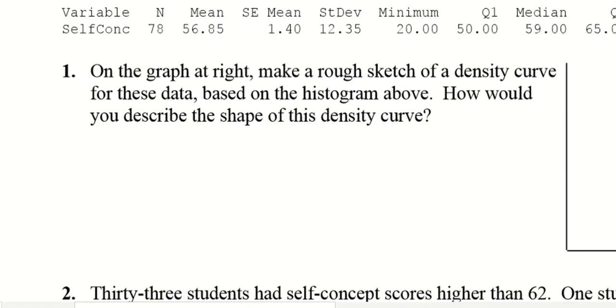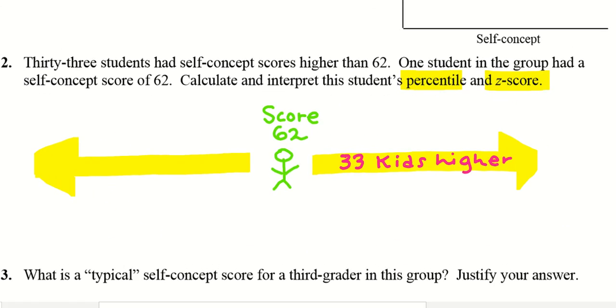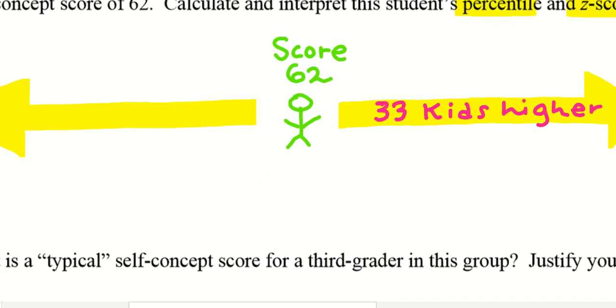So I'm going to go back down here. I know all of these kids, there's 78 total, but if 33 are higher and I am in the middle, what you're actually going to do to figure out how many are lower is take 78 and minus off 34.